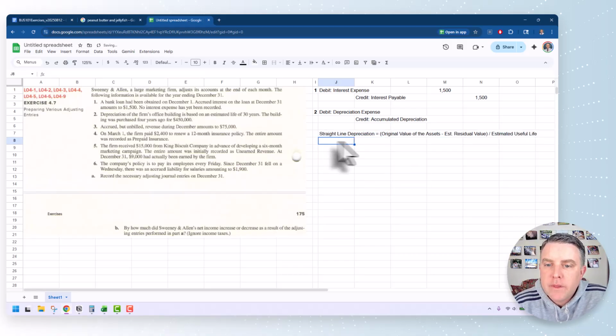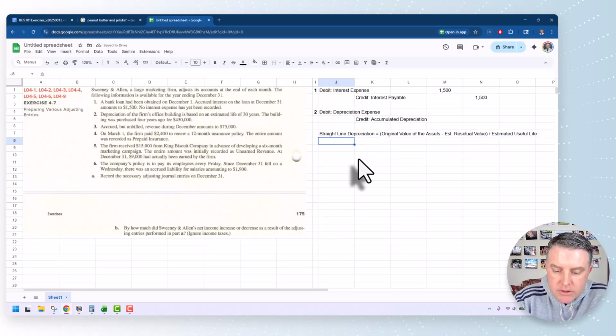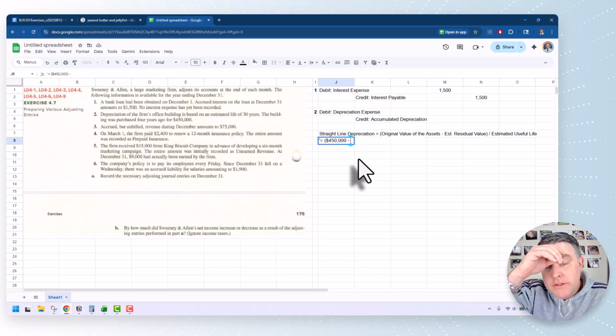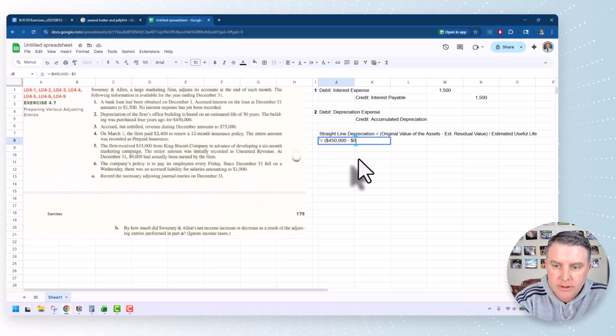All right. So in this case, our calculation is going to be equal to the value of the asset. They said the asset was purchased for $450,000. So we're going to say equals $450,000. They don't say anything about residual value, so we'll assume 0 for that.